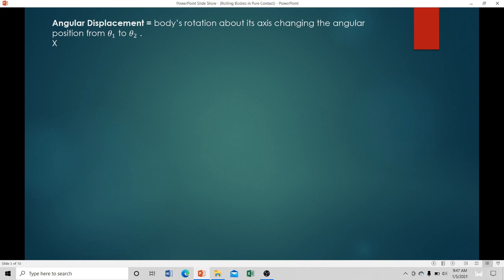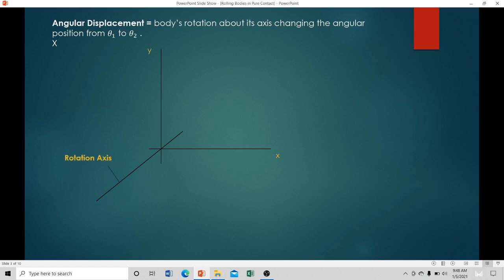So for the angular displacement, we have this definition. Angular displacement is a body's rotation about its axis, changing the angular position from theta 1 to theta 2. So to make this clear, we have this graph.